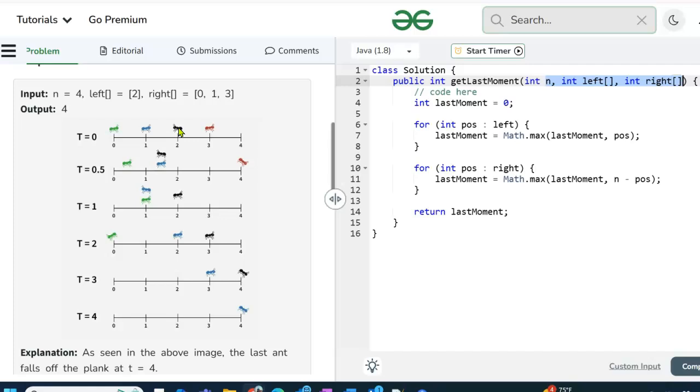Again, without bumping into another ant, after 1 second, we're going to have an ant at 1 moving left and an ant at 2 moving right. And in fact, that is what we have.